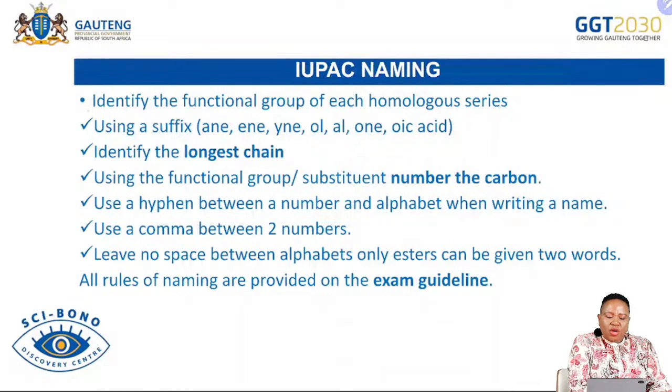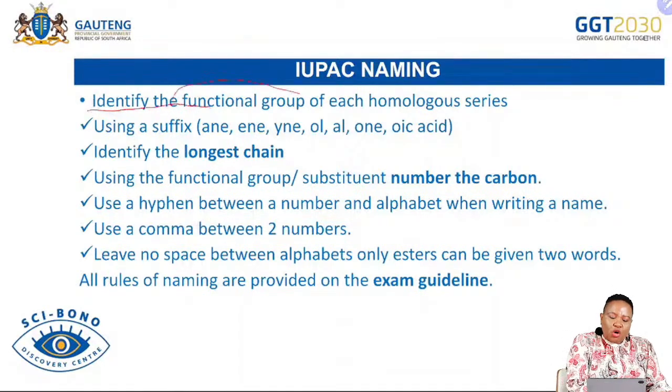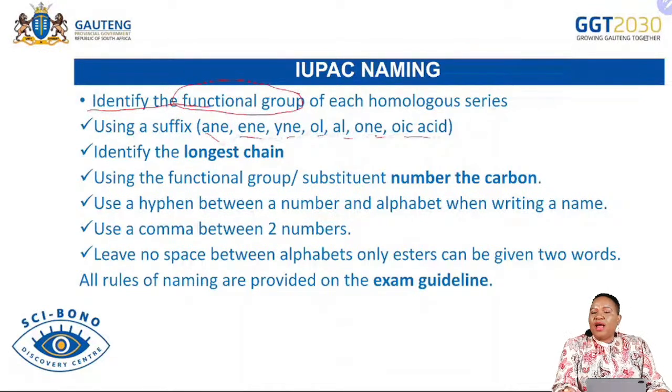I always say you cannot name any substance without being able to identify it. Sometimes you can use a functional group to identify a structure. Sometimes you can use a suffix, like ANE for alkanes, ENE for alkenes, oic acid for carboxylic acids. Those are the characteristics we can use to identify which class a specific compound belongs to.